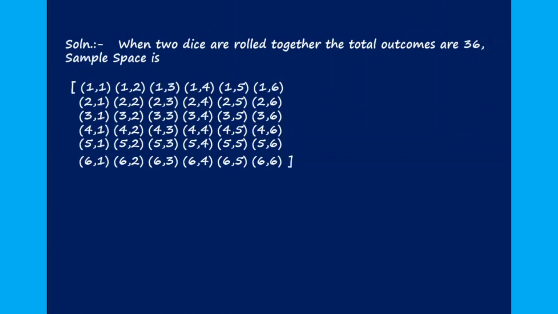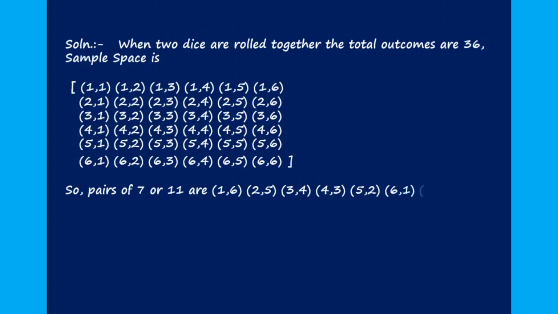So now from here we will see how many outcomes can become 7 or 11. Pairs of 7 or 11 are 1 6 makes 7, 2 5 makes 7, 3 4 makes 7, 4 3 makes 7, 5 2 makes 7, and then 6 1 makes 7.